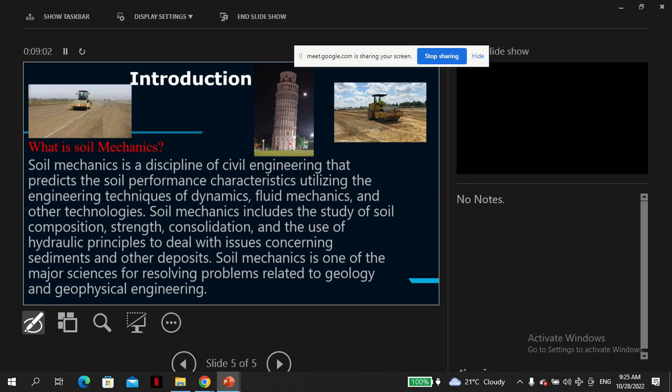Why I put the photos here: you can see the Leaning Tower of Pisa in Italy. This is a high building.